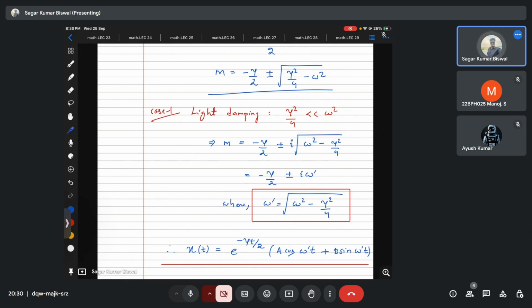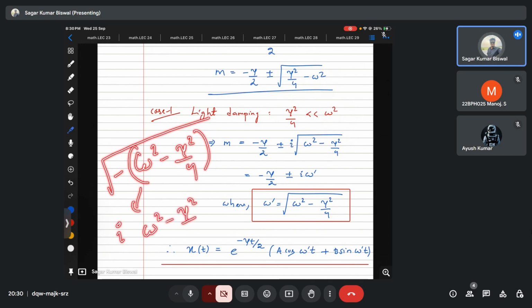The damping is very small, right? So when the damping is very small, gamma square by 4 is much less than omega square. You can write this as omega square minus gamma square by 4, and take the minus outside, and the root of minus 1 is i, right? Since omega square is greater than gamma square by 4, just exchange the terms, so omega square minus gamma square by 4, and the i is still there.